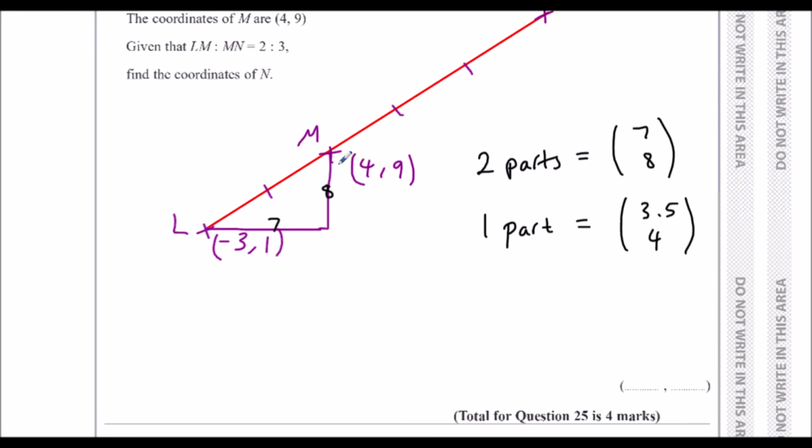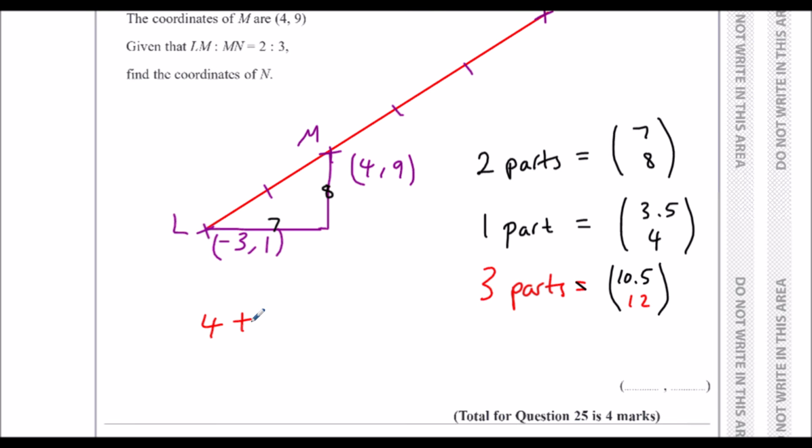So we could just add on these changes. If we want 3 of them, 3 3.5s are 10.5, 3 4s are 12. So from M to N, we want to go along 10.5.